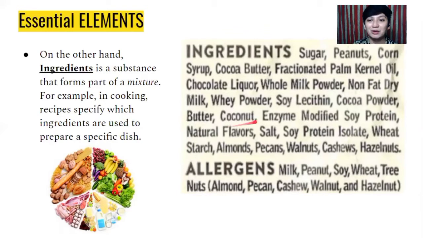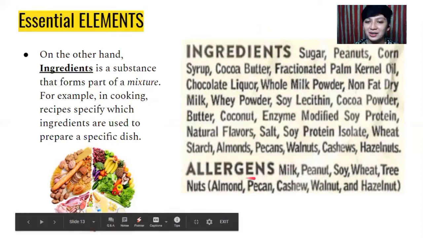So these are examples of ingredients. As you can see, they are also located at the back of the food that you are going to buy: sugar, peanuts, corn syrup, cocoa butter, and so on and so forth. All the ingredients that can be found in the food that you're going to buy are written in the ingredients part. And then we have here allergens like milk, peanuts, soy.